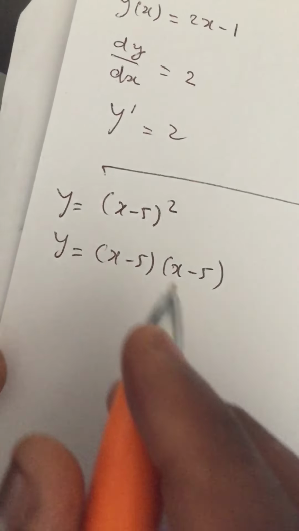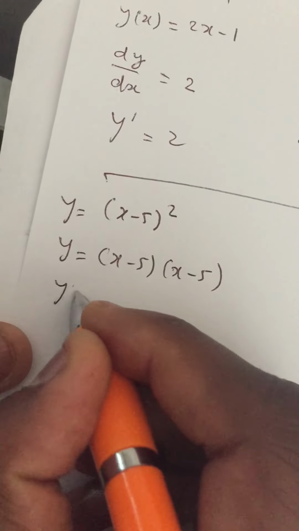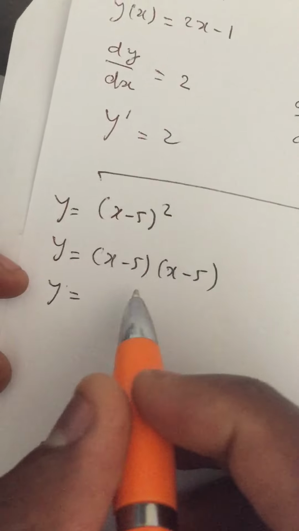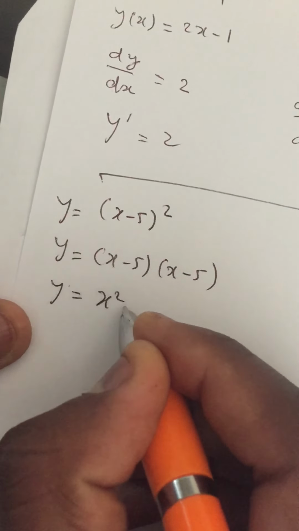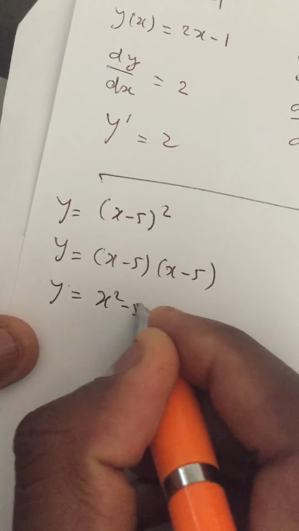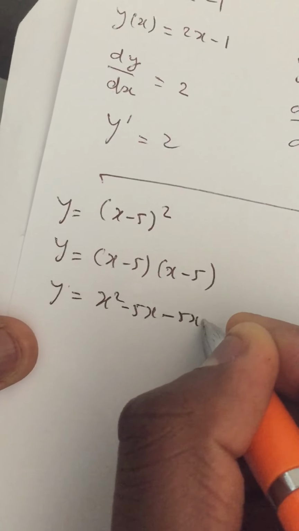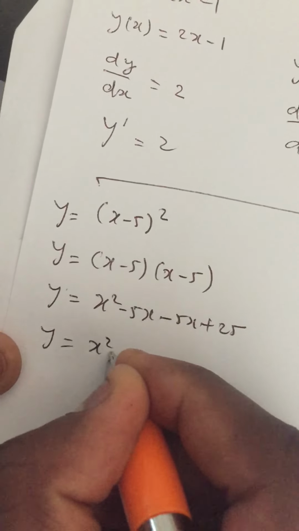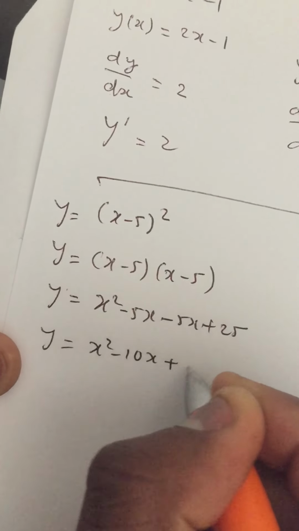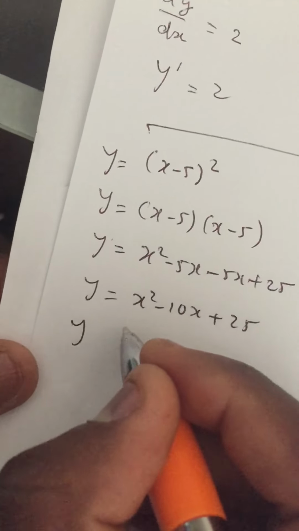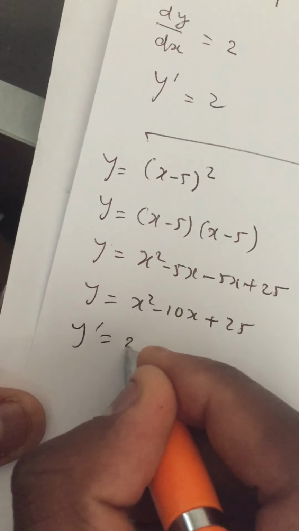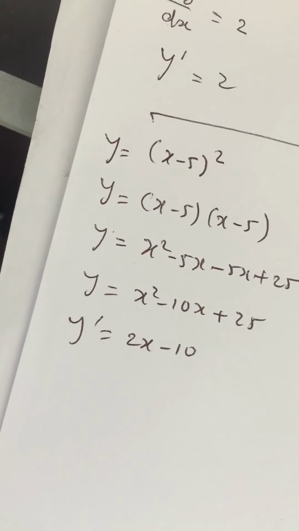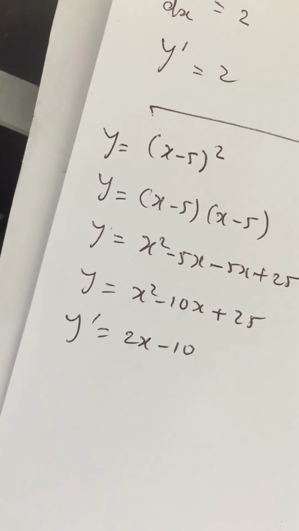I will encourage you to use the chain rule later on, but for now do this. If you multiply this, it's going to give you x squared minus 5x minus 5x plus 25. So this is the same as x squared minus 10x plus 25. From here you can differentiate. You're going to have 2x minus 10. All right, so it's fine.